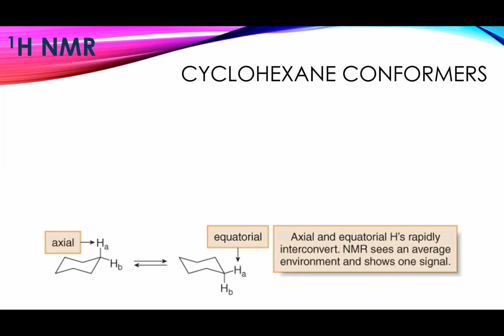In one conformer, all three substituents on the cyclohexane ring were equatorial, and then in the other one, all three were axial. And we said the version where all three are axial is virtually never going to exist. So if you only have one conformer existing, you're going to see a very specific NMR. But if it's rapidly converting, you're going to see an average of that signal.